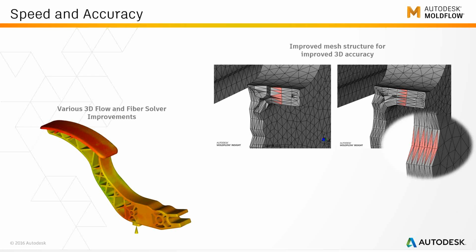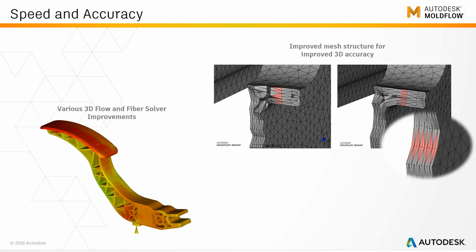So one of the things we did this year is change the structure of the TET mesh and make it alternating. Whereas a diagonal goes in one direction in one layer, the next layer will create a diagonal in the other direction, creating a bit more randomness in the TET mesh itself. That helps us avoid some of the numerical skewing that could take place in particular cases.